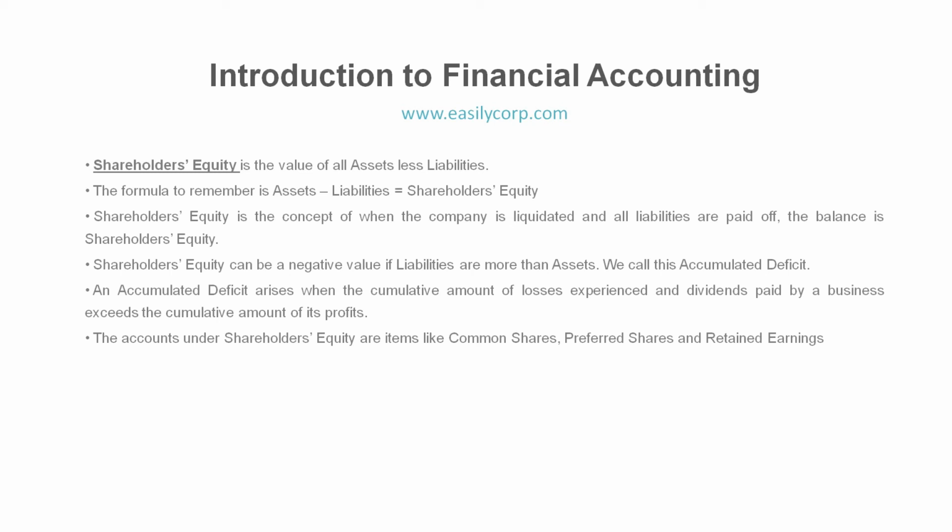Okay, so the items under shareholders equity, right, are common shares, preferred shares, and retained earnings. So what are retained earnings? Every year when the company makes money, they can choose to do two things. They can choose to issue out dividends to the shareholders, or they can leave the earnings inside the balance sheet of the company.